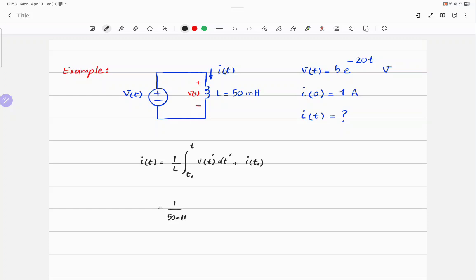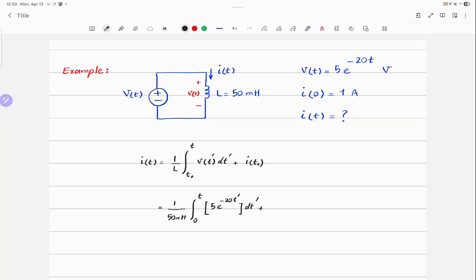So your inductor is 1 over 50 millihenry, times the integral. What should I consider as my lower bound? 0, because 0 is given to you, to t. What is V(t)? It's given to you, the function: 5e^(-20t') dt'.